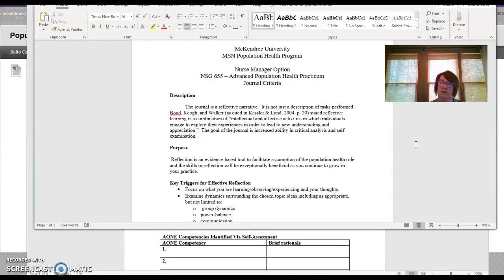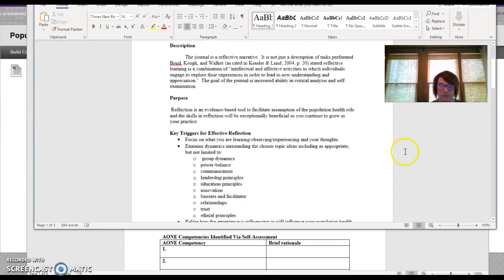This is where we're really connecting the dots. We're bringing the experience together with what you've learned throughout your previous coursework. This is a really crucial step as you're moving forward.